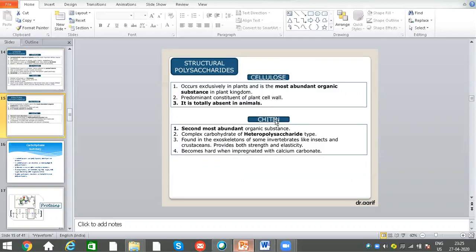Chitin provides strength and elasticity to the skeleton, but it does not have much strength. When chitin is impregnated with calcium, it gets hardness, and then flexibility and elasticity decrease as hardness increases.